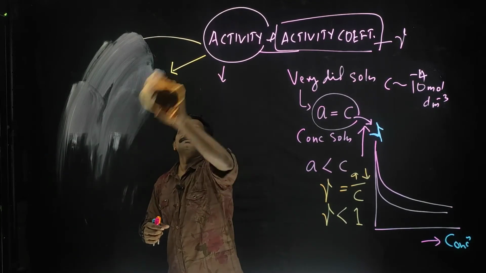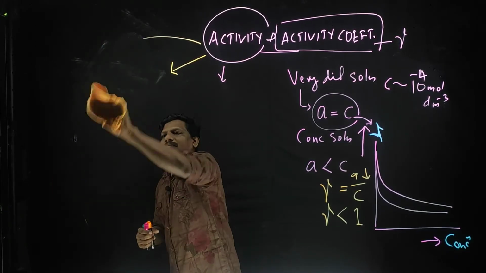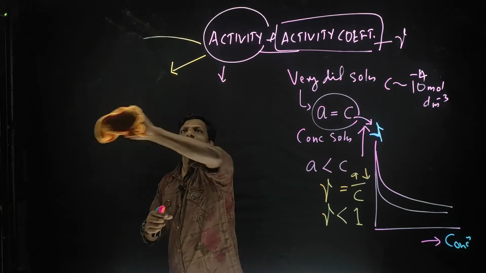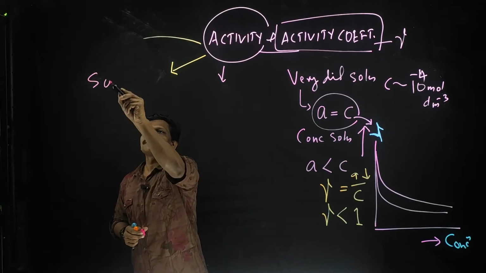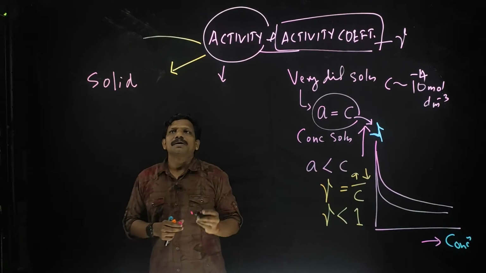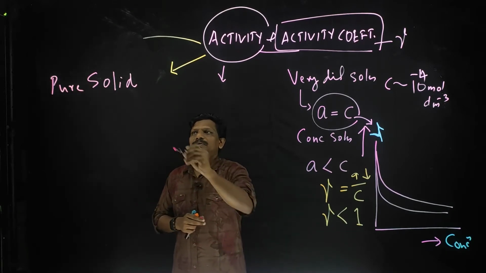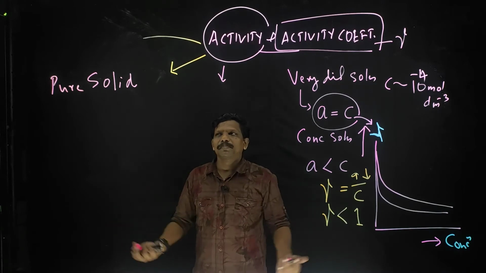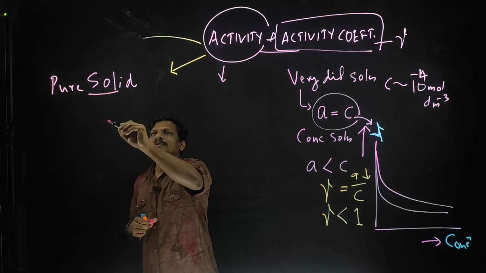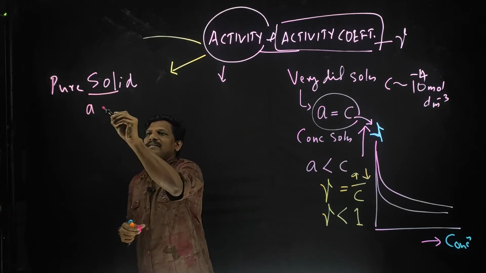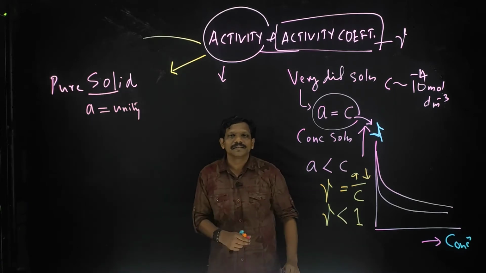Suppose you take a pure solid, that means zinc or copper or some metal. In the case of a pure solid, its activity is equal to unity. Activity can be considered as unity.